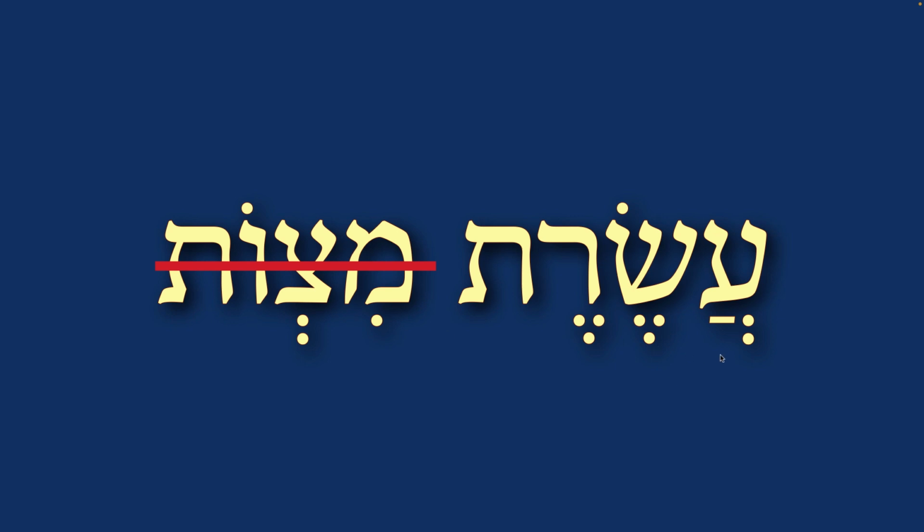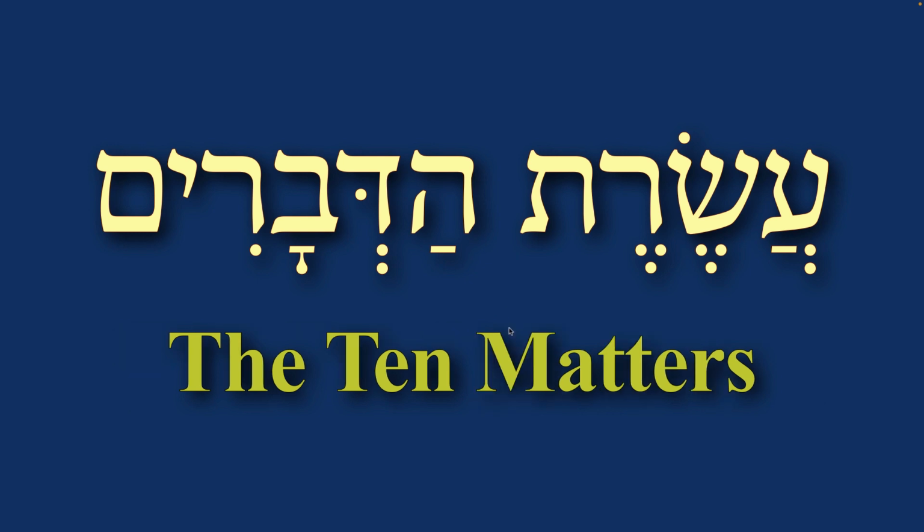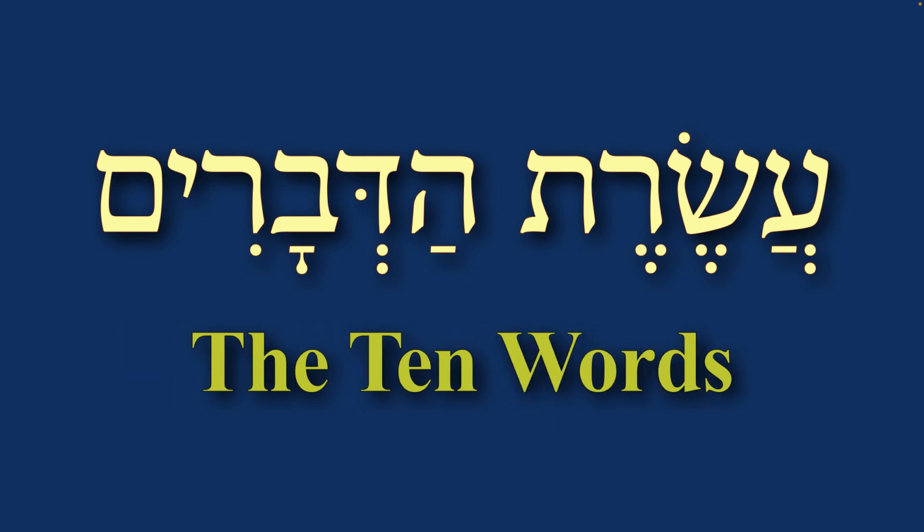Therefore, it is not Aseret mitzvot, as in 10 commandments, rather Aseret had-Devarim, which means 10 utterances or 10 matters or 10 words. You can say 10 things. Okay, that is what it is about the 10 commandments.